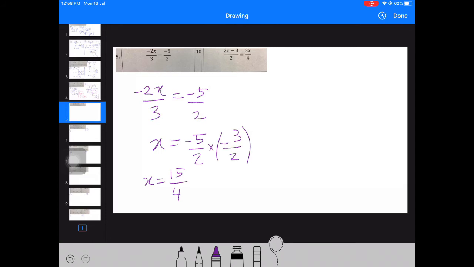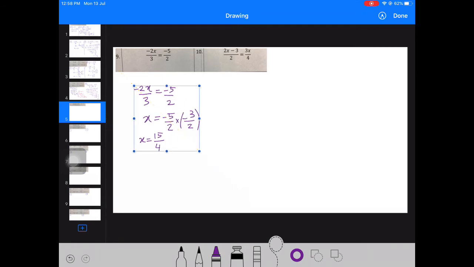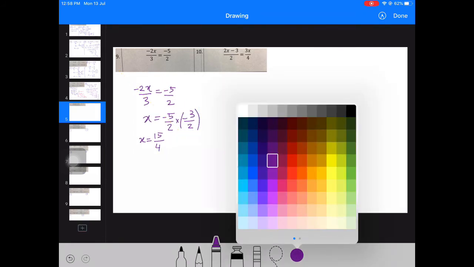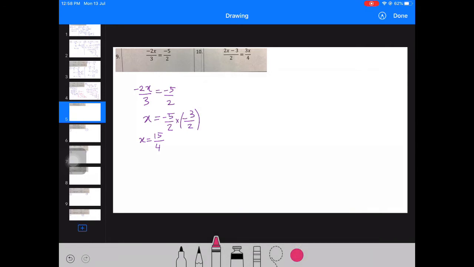Okay, there is another way which you can do this. Maybe you want to do it step by step, one by one. By doing cross multiplication also can. It's like this.